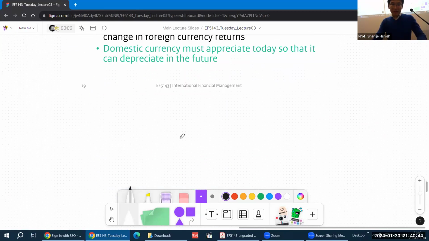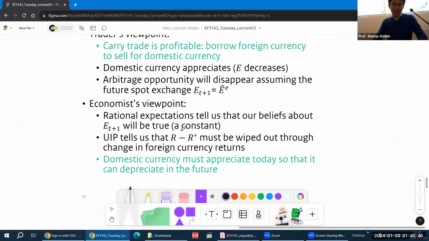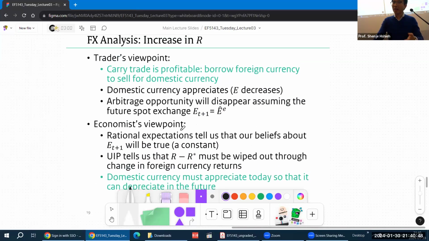All right, so the last thing I want to highlight is the explanation of the mechanism by which UIP is restored. I think the most intuitive way is the trader's viewpoint, because you don't have to think too much about equilibrium. It just states that carry trade on average is profitable, right?